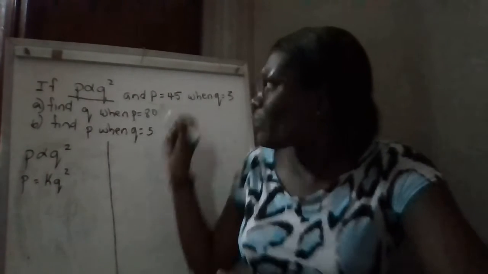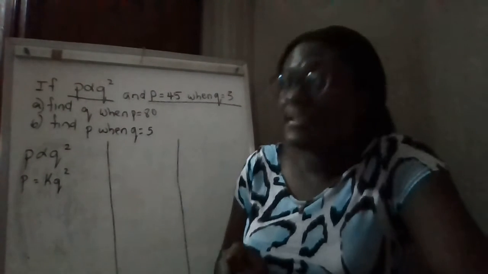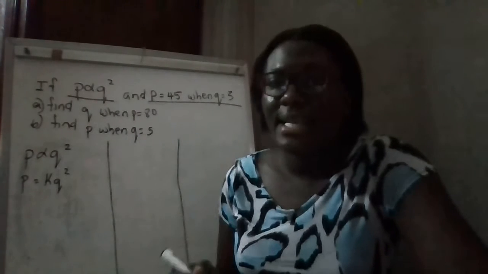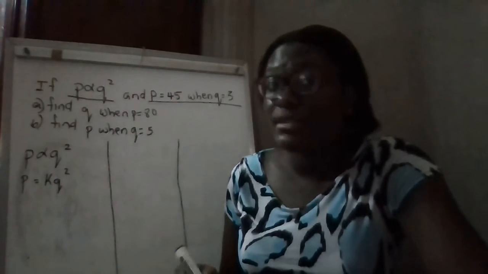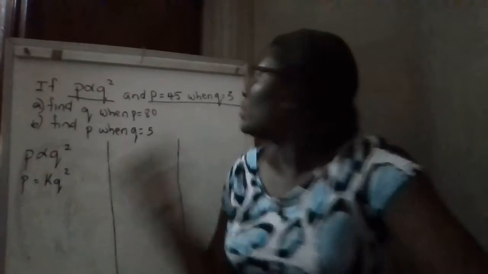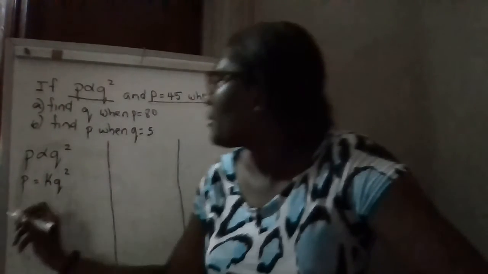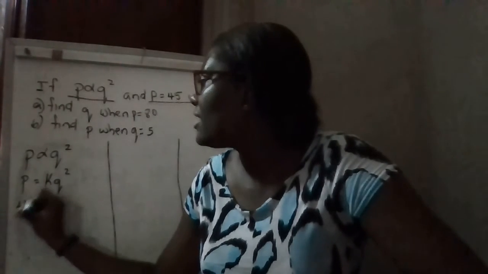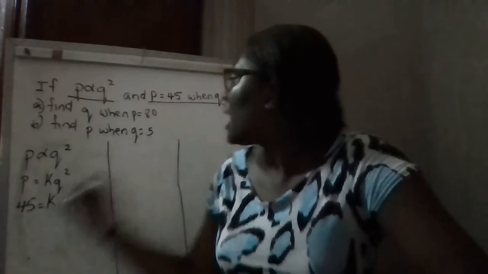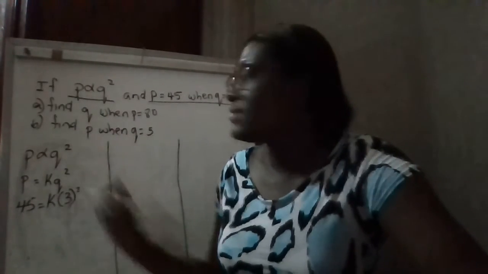Now, the next part of the question says, P is 45 when Q is 3. So what we're going to be doing is substituting the values of 45 for P and 3 for Q. So wherever we see P, we're going to write 45 is equal to, we don't know what K is, so we write that K. Q here is 3, so I write 3, and of course I put back the square.